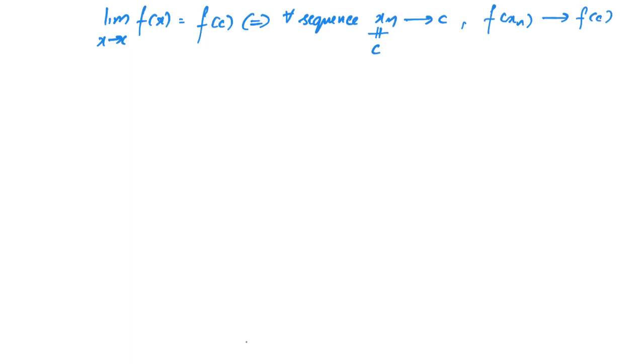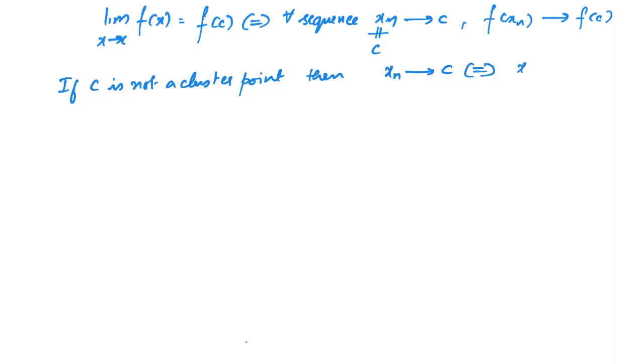On the other hand, if c is not a cluster point, then xn converges to c if and only if xn is equal to c for all n greater than some n. For large enough n, xn has to be equal to c. That's the only possibility. Hence, if you are not sure how to see this, prove it. That's homework. So because of this, what happens to f of xn? f of xn is equal to f of c, and that clearly converges to f of c.